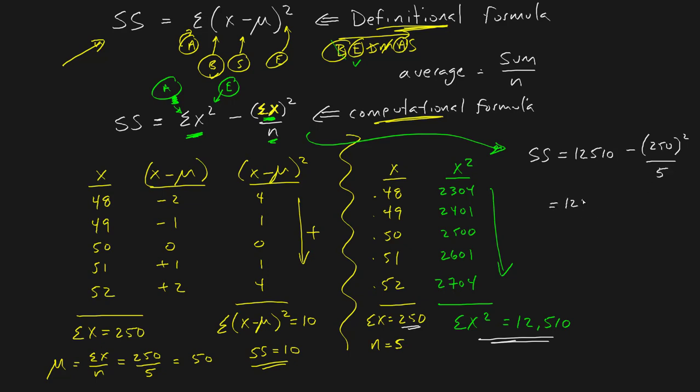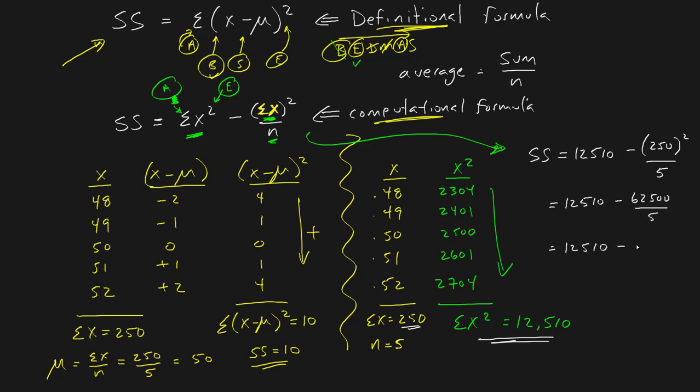So let's do the fraction first. This is 250 squared, which is 62,500, and we're going to divide that by 5, and so this ends up being 12,510 minus this fraction.